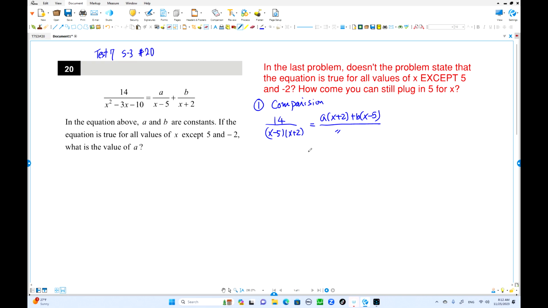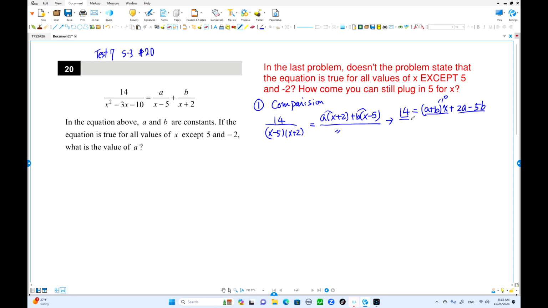But the numerator must be equal, so 14 equals ax plus bx, there is a plus bx, and plus 2a minus 5b. That's a constant term, okay? This is a constant. This is variable terms. Variable should be 0, okay?